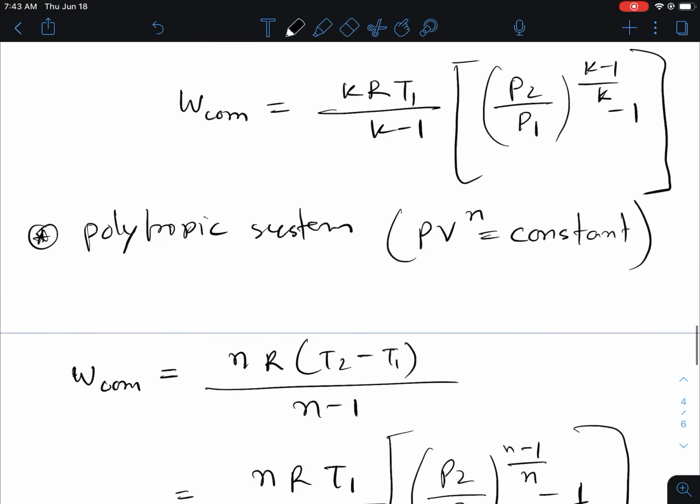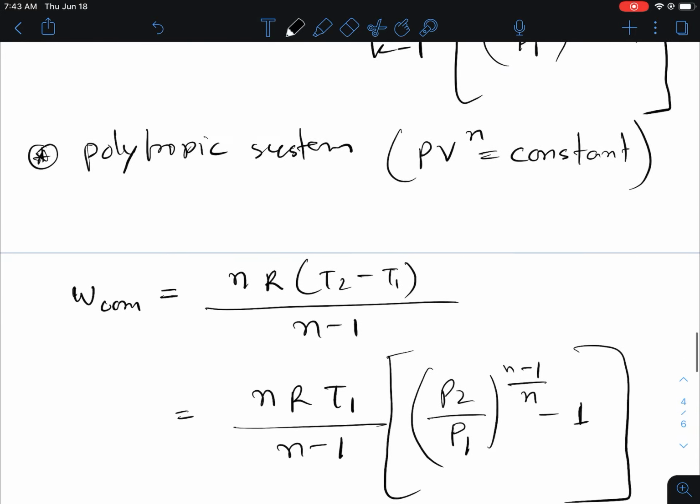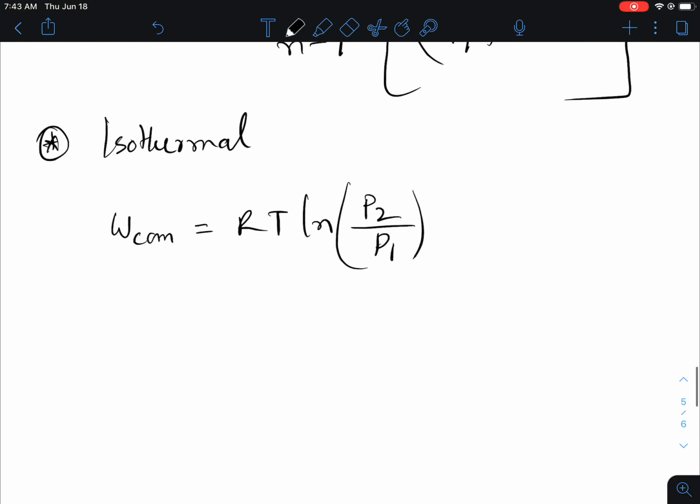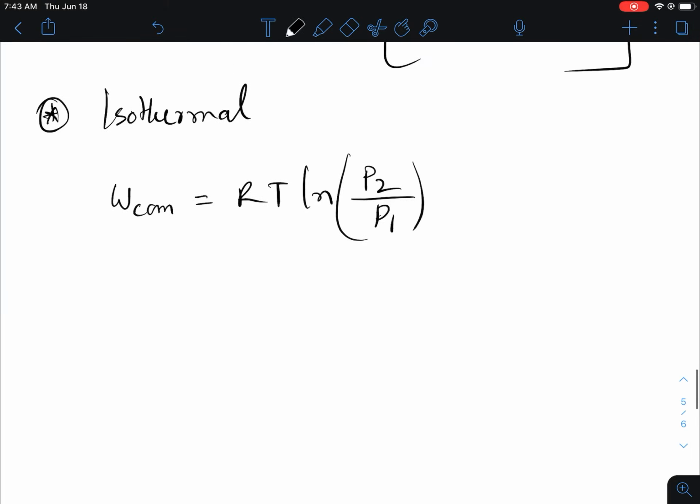Depending on the situation or the condition of the compressor, you have to choose the work consumption relationship. From these three relationships, we can see that if the system is in isothermal condition, it will take the least work input.